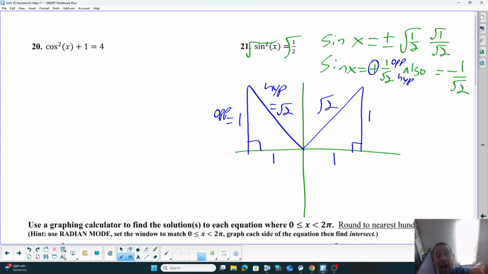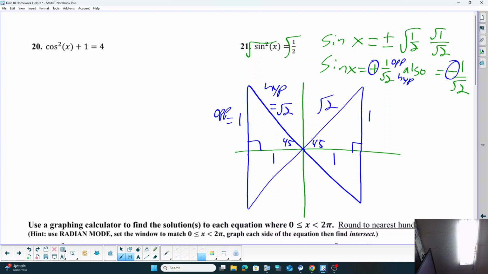And so this is going to be a 45-degree angle now. And then this will also be negative, which is below. Whoa, there's our butterfly. There's our bow tie.